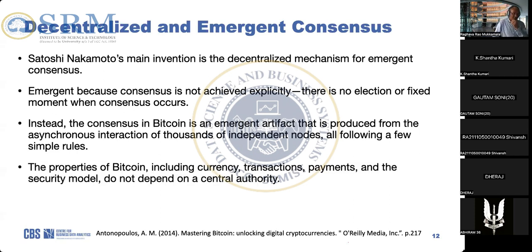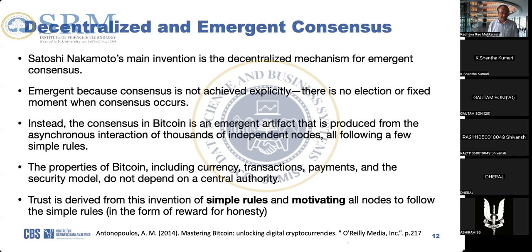So the properties of Bitcoin, including the currency and transaction payments, don't rely on any central authority. On the other hand, the main trust is derived from the invention of simple rules about mining, which we'll see later. And having only the rules would not be sufficient, because you might have rules and people start breaking the rules.